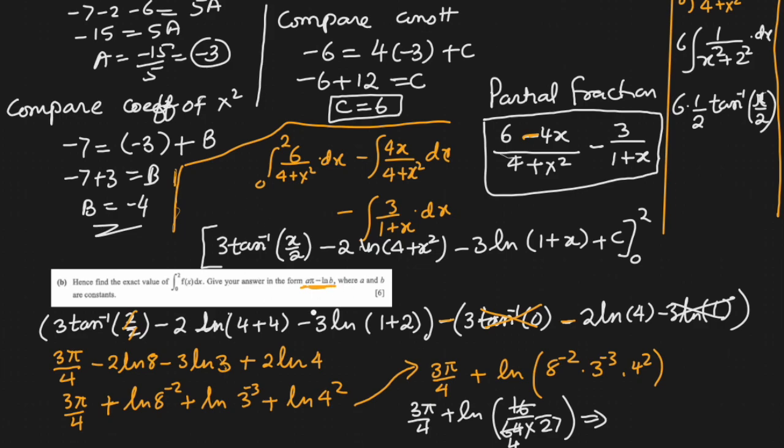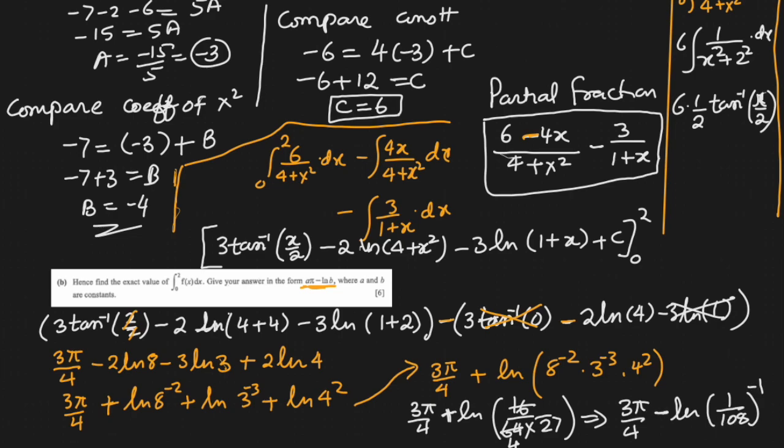A pi minus, because this is plus, we'll have to change it to minus. 3 pi by 4 minus natural log. How much is that? 27 times 4 is 108. To the power minus 1. Because I have made this minus, I have to put this minus 1.